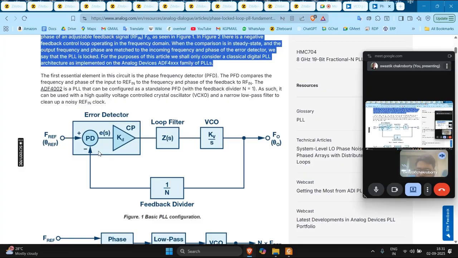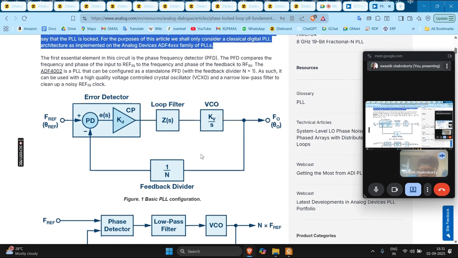You give a particular reference signal, and the difference or error from the previous output is calculated. Then that is amplified, so this is the error detector. After that, you filter that error and generate a frequency of oscillation corresponding to that error.